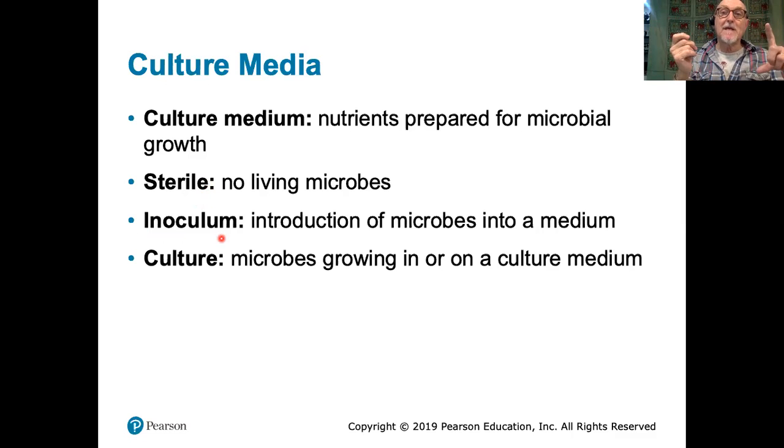So we take a sterile medium, we inoculate it with known bacteria, and we can then be fairly sure, not absolutely sure, but fairly sure that whatever grows in that medium is going to be of the same identity as our inoculum. That growth we call a culture. So we're going to make our culture medium, we're going to sterilize it, we will inoculate it, and we'll culture it and see what happens.